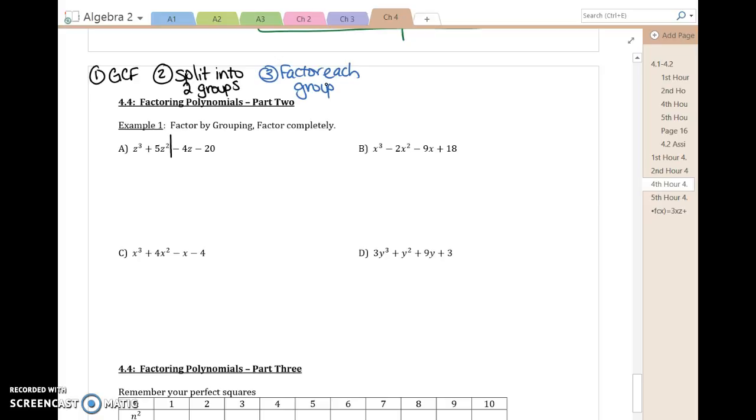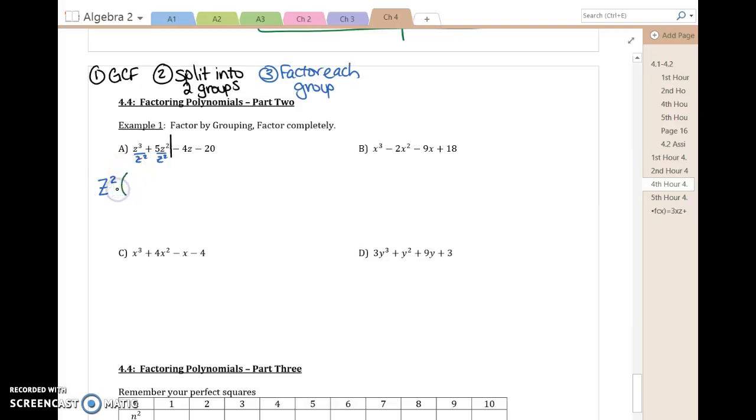So what do z to the third and 5z squared have in common? Z squared. And if you need to, you can actually write divided by z squared under each of these terms to give you a visual clue that you are dividing each of those terms by z squared. So they have z squared in common.